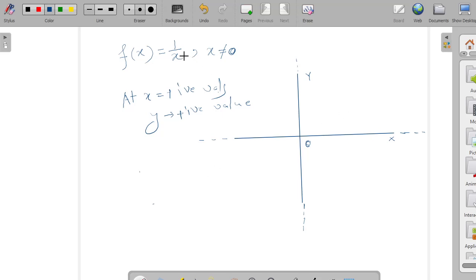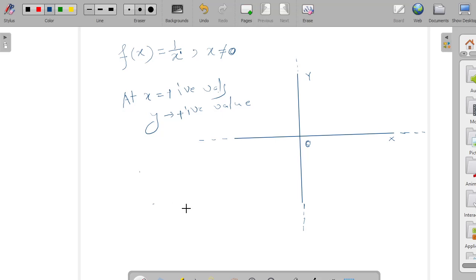Moreover, we could see that the degree of this function is odd. We have f(x) equals 1 over x, so the degree of x is 1, odd degree. So that means this is an odd function. Therefore the graph will present itself in the first and third quadrant, definitely symmetrical about origin.